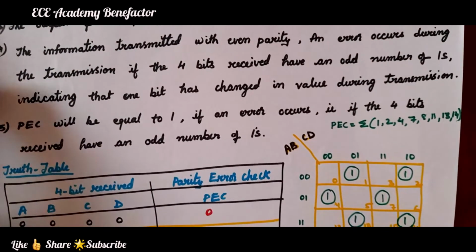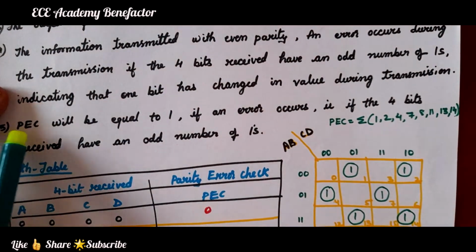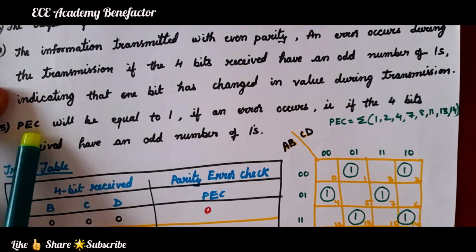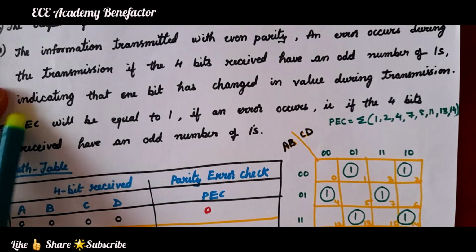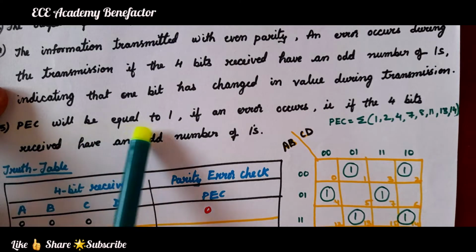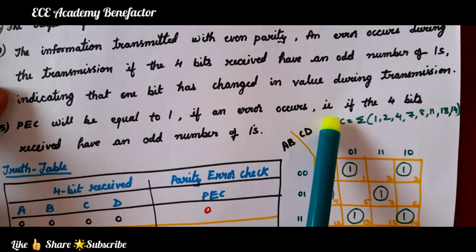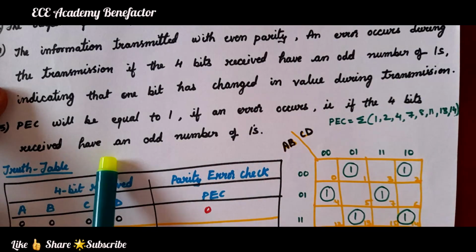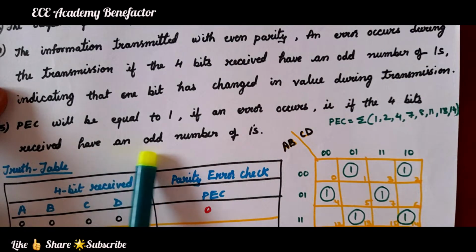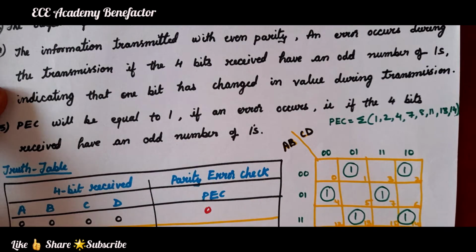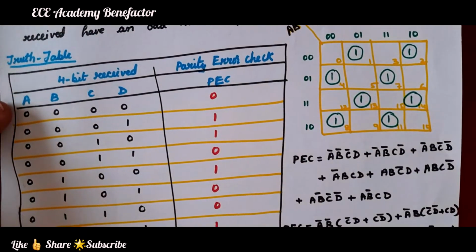Next point, PEC stands for parity error check. PEC will be the output of the parity checker. PEC will be equal to 1 if an error occurs, that is if the 4 bits received have an odd number of ones.